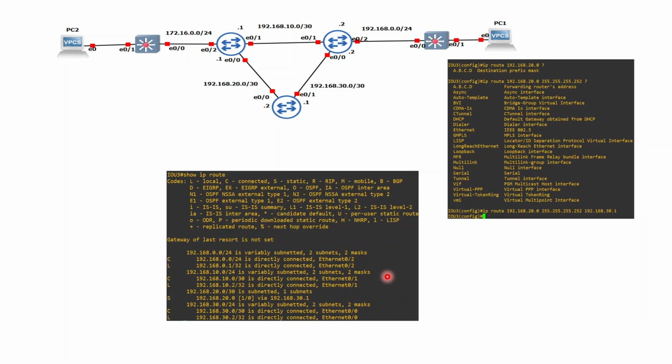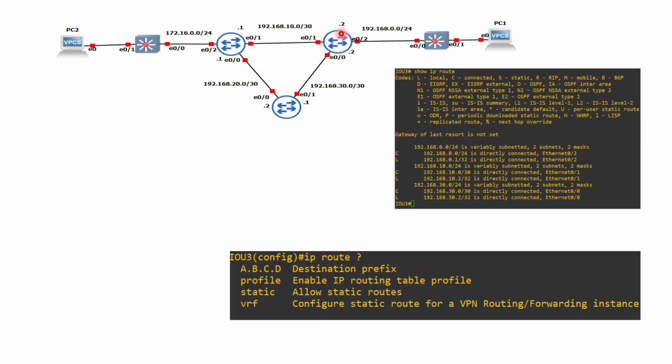Now, let me explain before I enter this destination prefix. Because we are doing a static route, we said we manually teach the router how to reach the destination network.